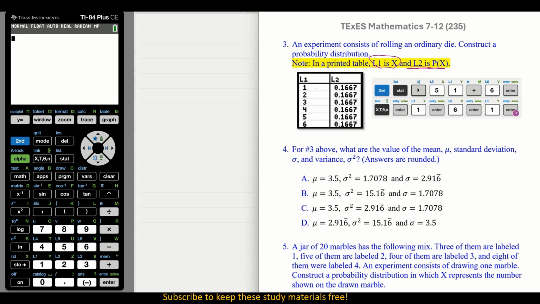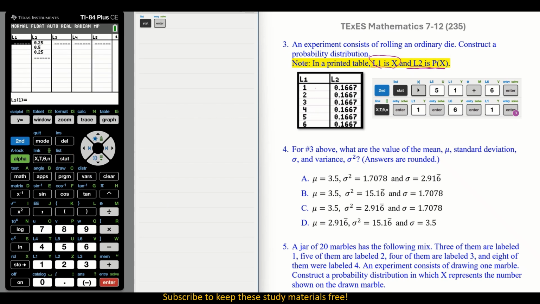Okay, so what do we need to do? First, we need to go to our stat and look at our list. Okay, there's our list. We've cleared out our list, but we need to populate it with 1 to 6. You can do that by 1 enter, 2 enter, and so on.